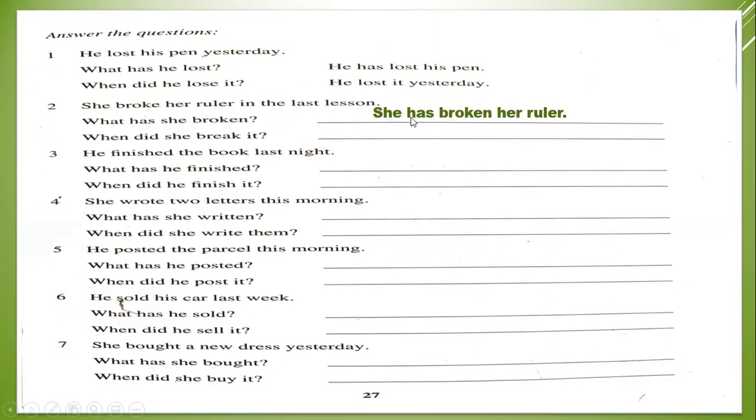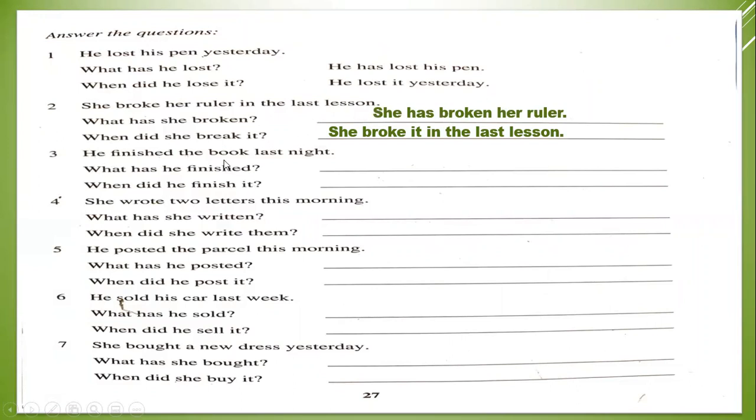You will not write she has broke her ruler. No, she has broken. Now here, when did she break it? Here you use she broke it, the second form. She broke it in the last lesson. Understood? Okay, I'm just telling you these orally and you have to write them on your own.